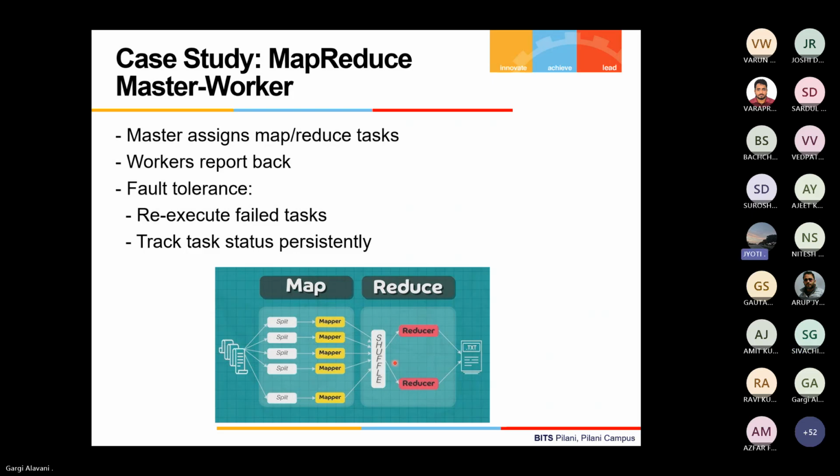Yes, ma'am. Thanks. So basically, MapReduce is a very powerful programming model which helps you process large amounts of data in parallel. It first splits the data and gives it to the mapper. The mapper finds the keys, then provides those keys to the reducer. The reducer finally reduces it and gives us the data that we need.